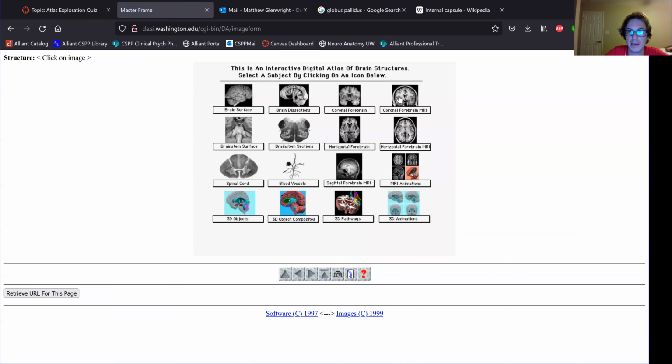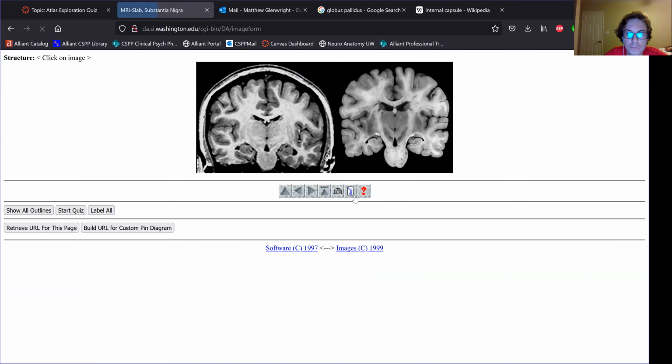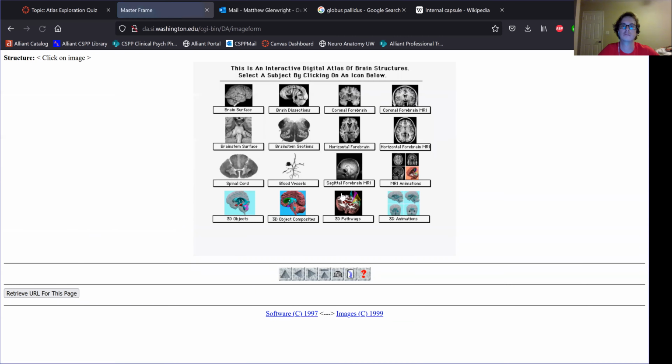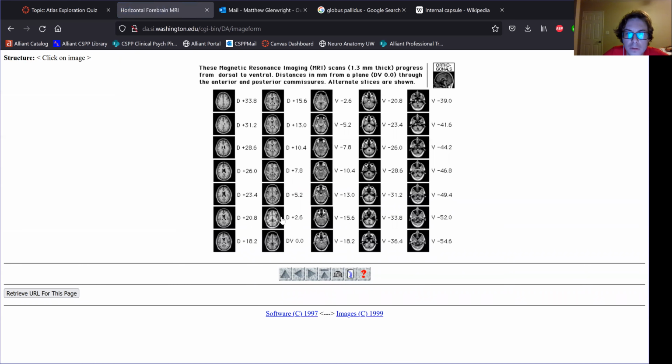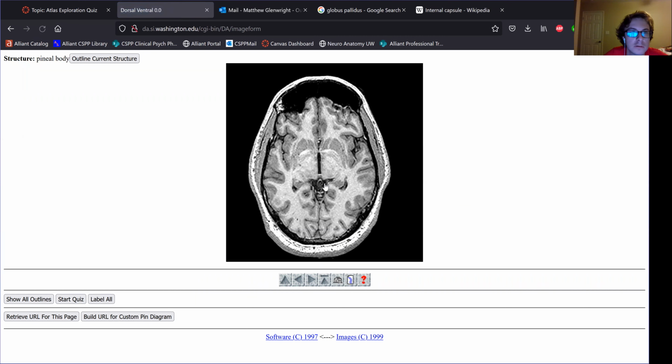So if we were to go back here, okay, so this is going to be our thalamus. And then there's the subthalamus, and there's not a very good picture of the hypothalamus here. But we don't want to go so low that we start seeing the eye cavities. So here's our third ventricle.